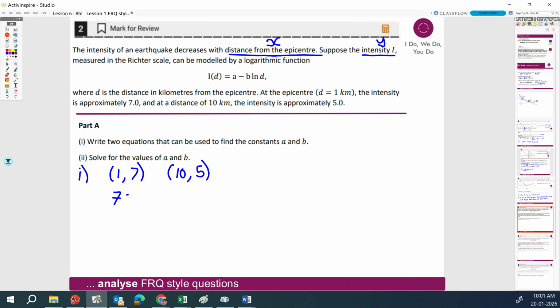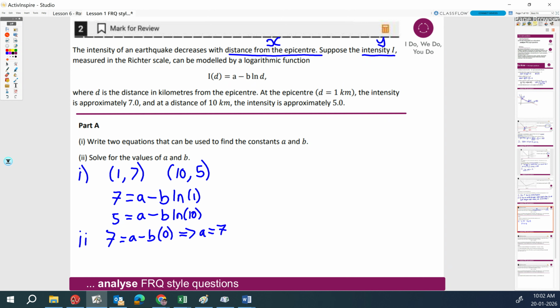So the first one is going to be 7 equals a minus b times ln 1. 5 equals a minus b ln 10. We need to solve this now. So 7 equals a minus b times 0, because ln 1 is 0, which means that a equals 7.